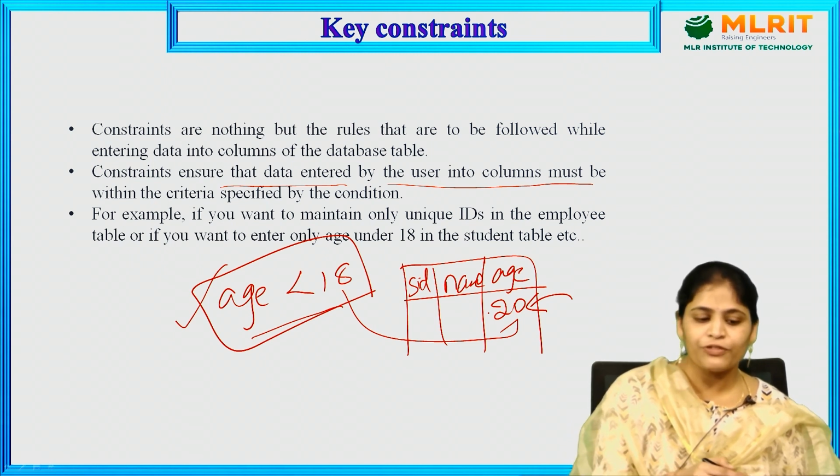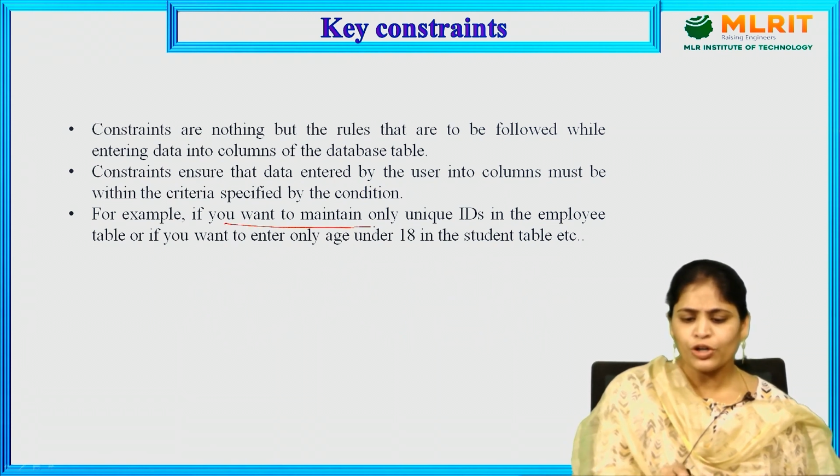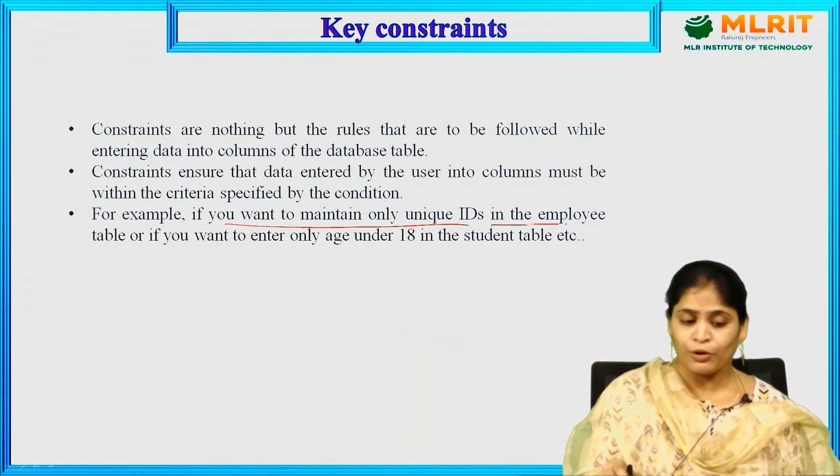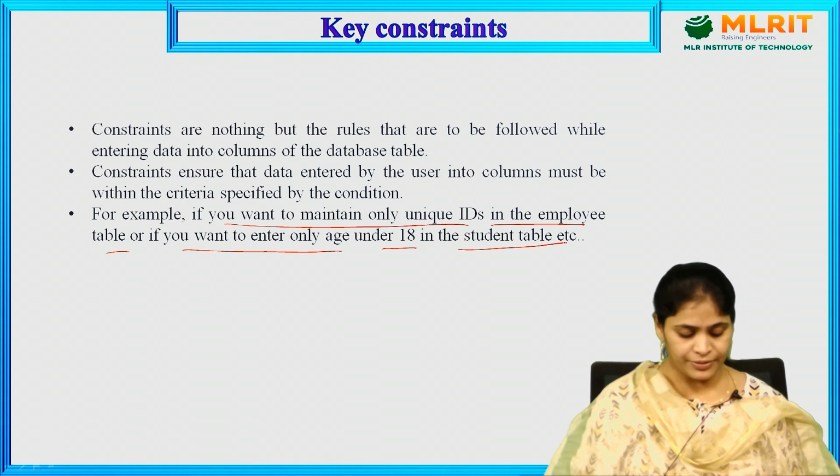That is the beauty of DBMS. For example, if you want to maintain only unique IDs in the employee table, or enter only age under 18 in the student table, as I just said.